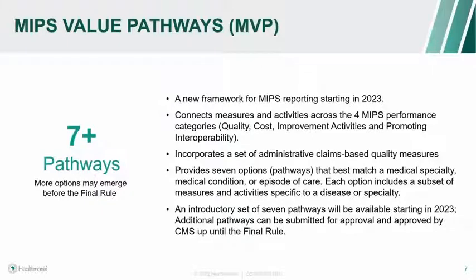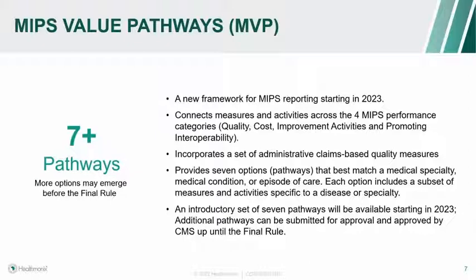MIPS value pathways is designed to be a streamlined reporting method that aligns measures and activities across 4 MIPS performance categories and incorporates a set of administrative claims-based quality measures. This will initially include 7 options or pathways that best match a medical specialty, medical condition, or episode of care.